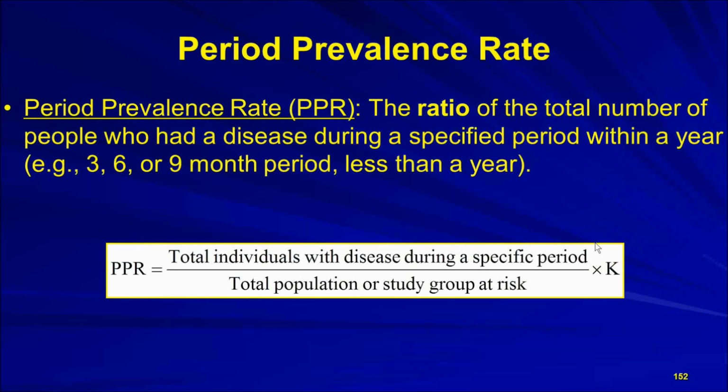And since I said period prevalence rate, we're talking about division and multiplication. So we want to know the total individuals with a disease during a specified time period, and we said it could be a 3, 6, or 9-month period. Anything short of a year. Okay?